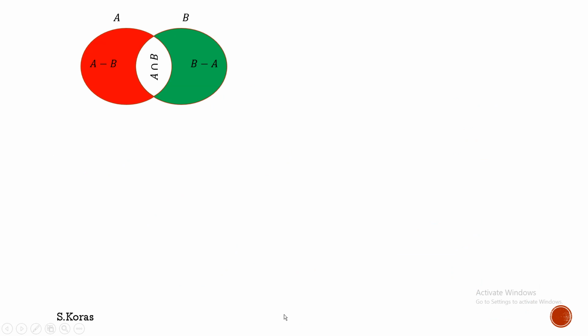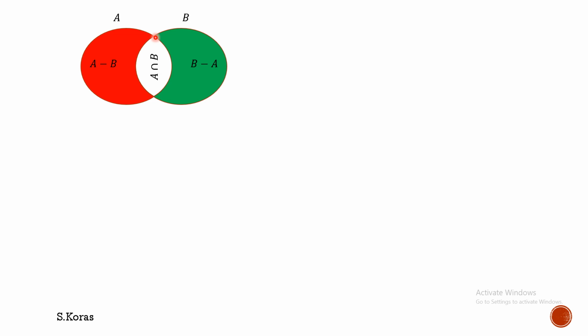Right, let us consider a set. This is our set A union B. The whole thing is our A union B. This is our A set and this is our B set. As I told you, we have to split them into disjoints.